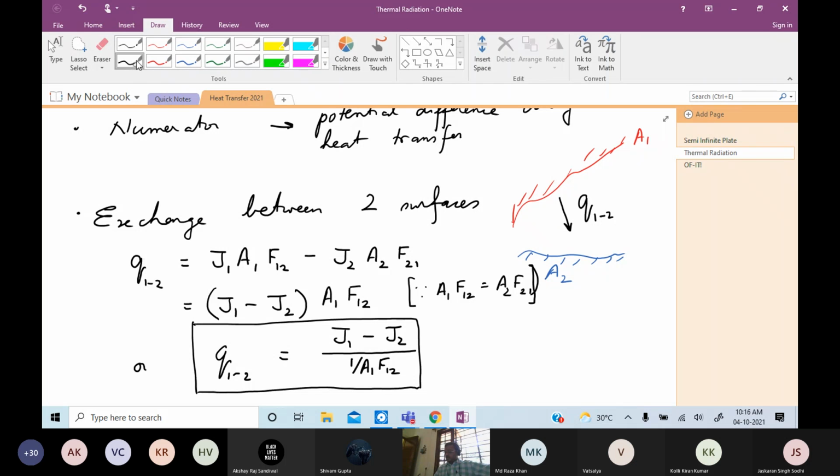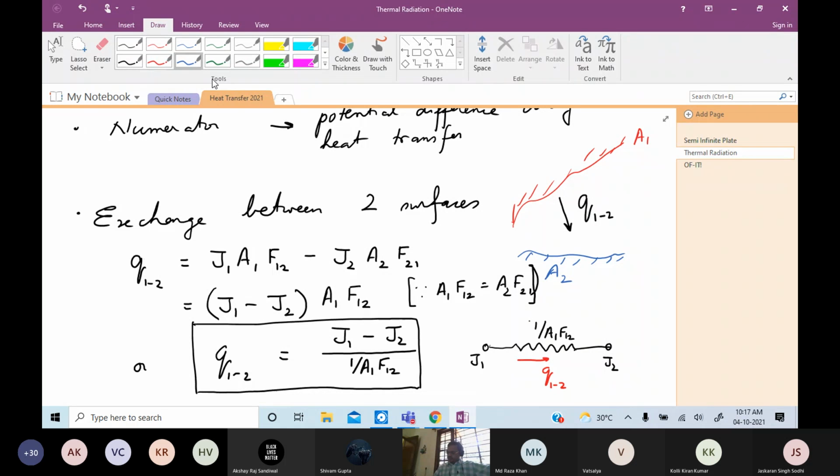I can write it as something like this. If this is my J1, this is my J2, I can interpret it in this manner, right? I have a resistance which is 1 over A1 F12.